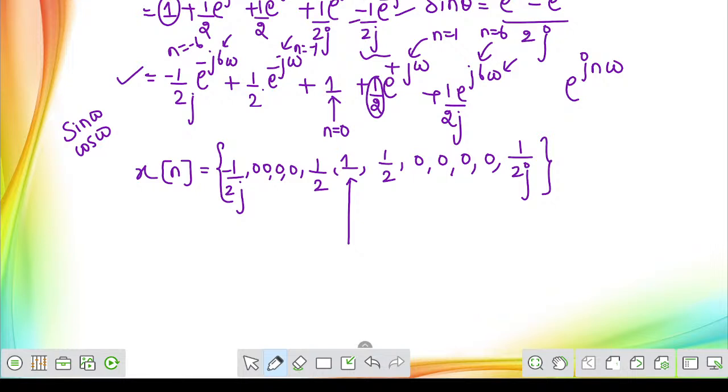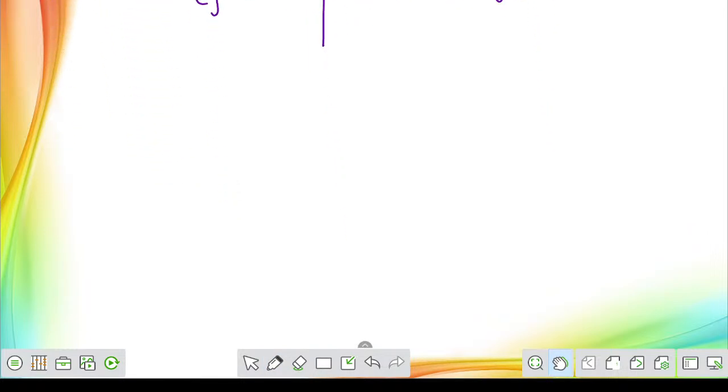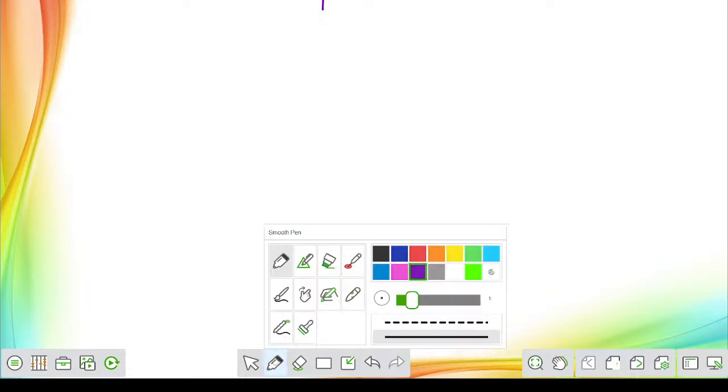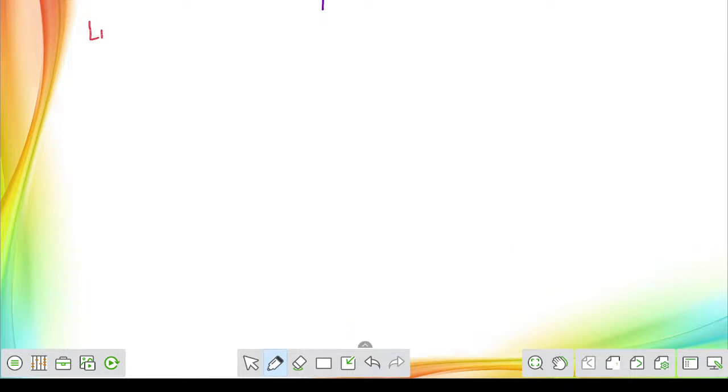The first most important property is, as usual, the linearity property. As we already saw the linearity properties of the continuous time Fourier series and then the continuous time Fourier transform. Now the property number 1 is linearity. Suppose I have a signal x1 of n.